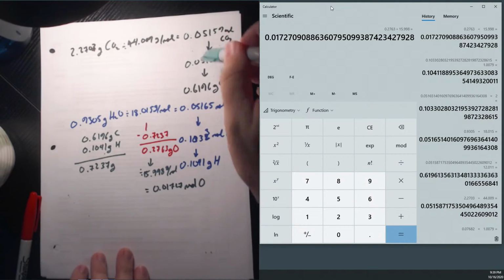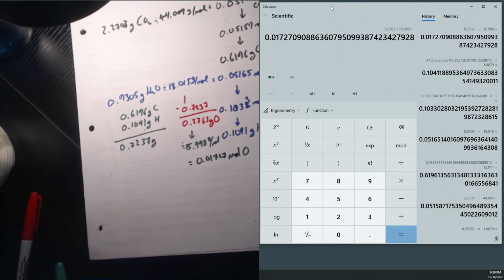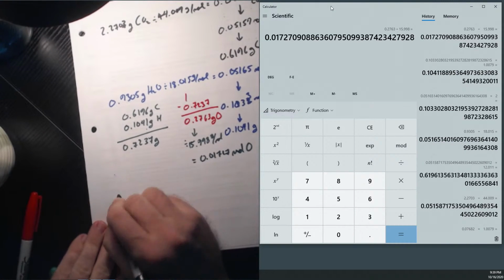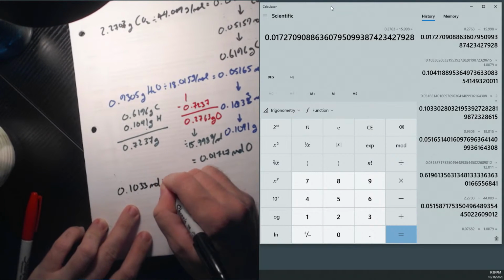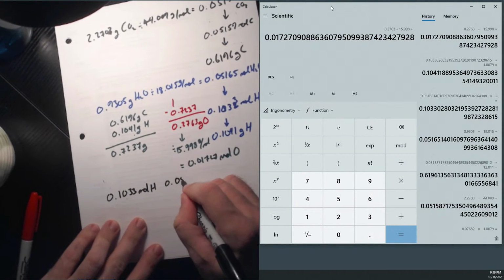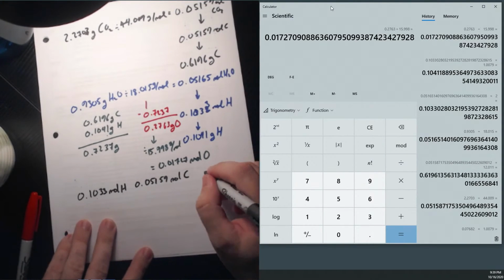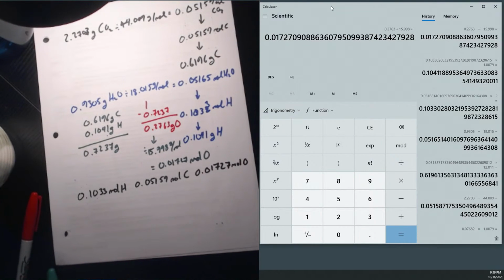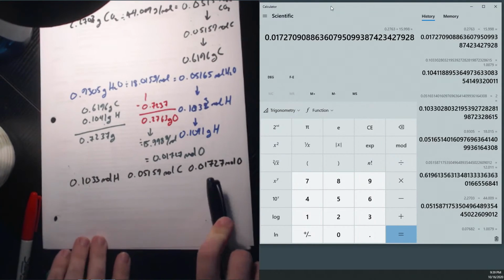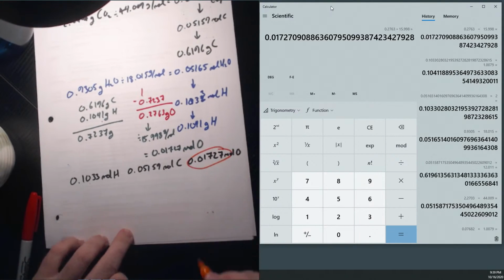All right, so let's go ahead and write those down side by side to make this slightly easier. 0.1033 moles of hydrogen, 0.05159 moles of carbon, and 0.01727 moles of oxygen. So clearly the smallest number is the 0.01727. So to find the ratio, we divide all of them by this guy.